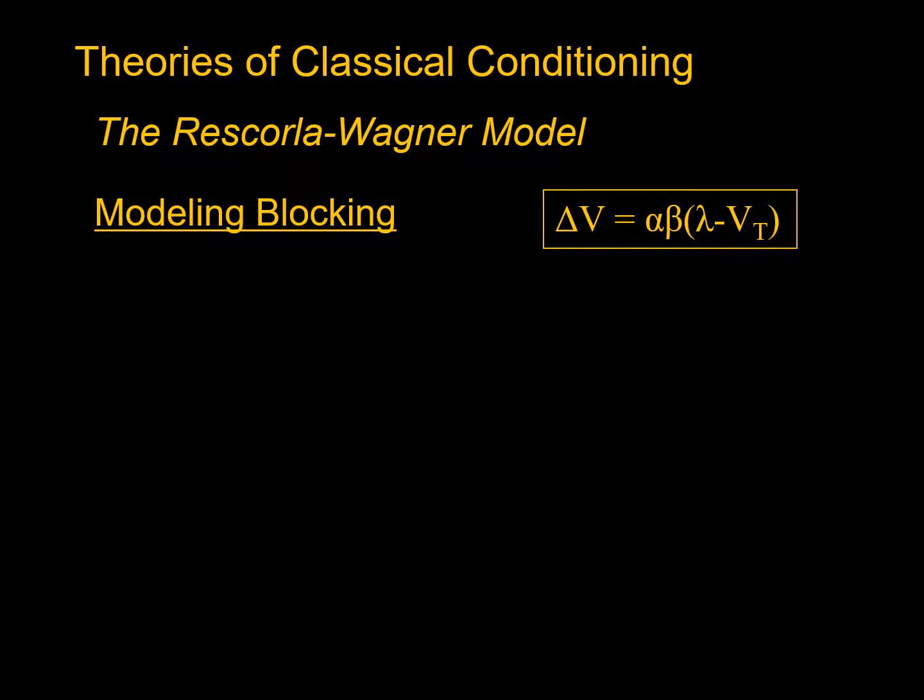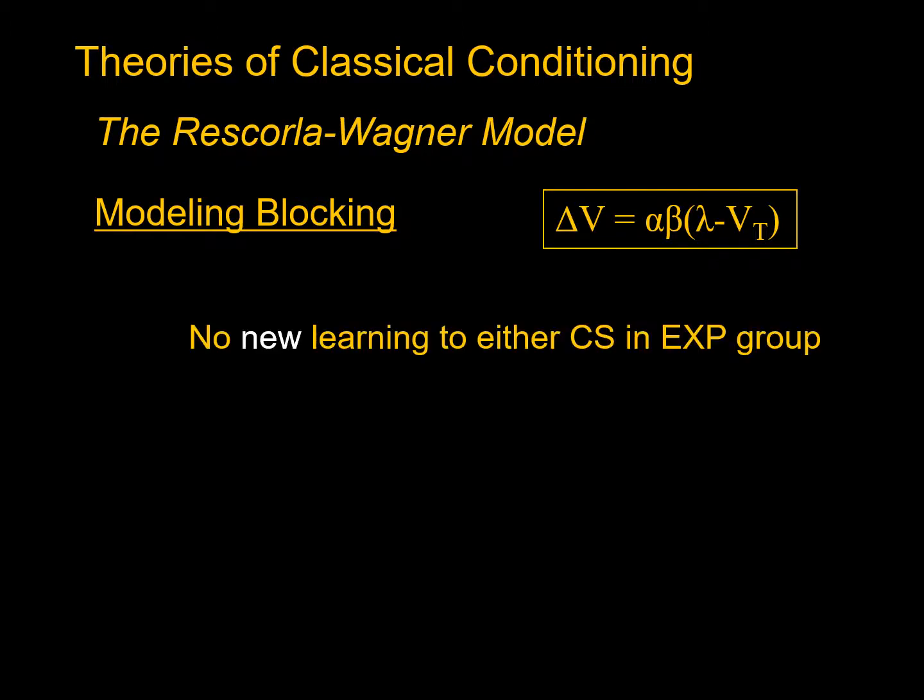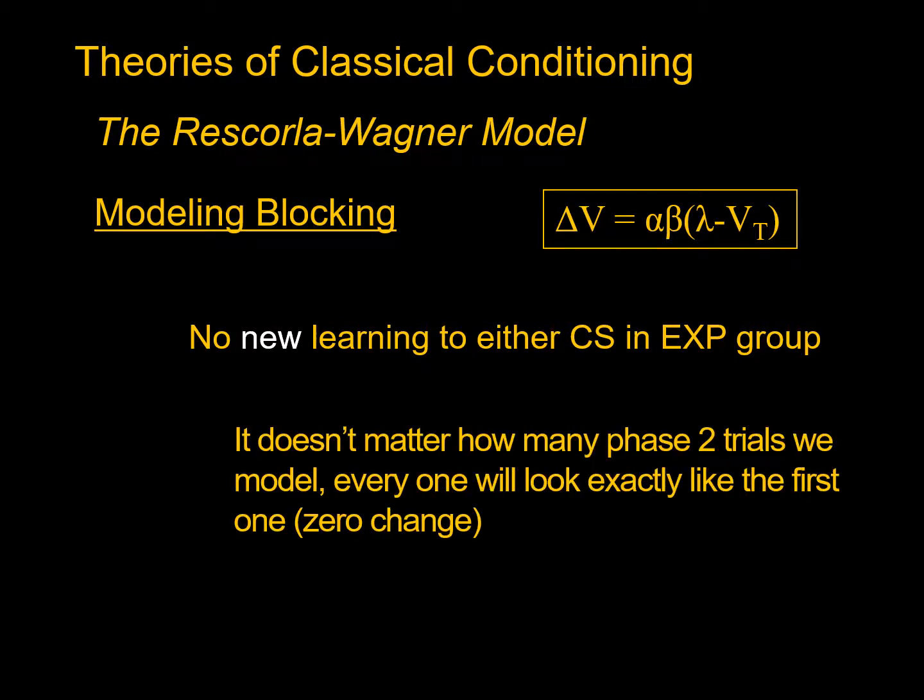Now, what you saw there is there's no new learning to either CS in the experimental group. As I said when we were talking about the phenomenon last week, it doesn't matter how many of these phase 2 trials you do. You can run them until everybody starts dying of old age, and this situation's never going to change.